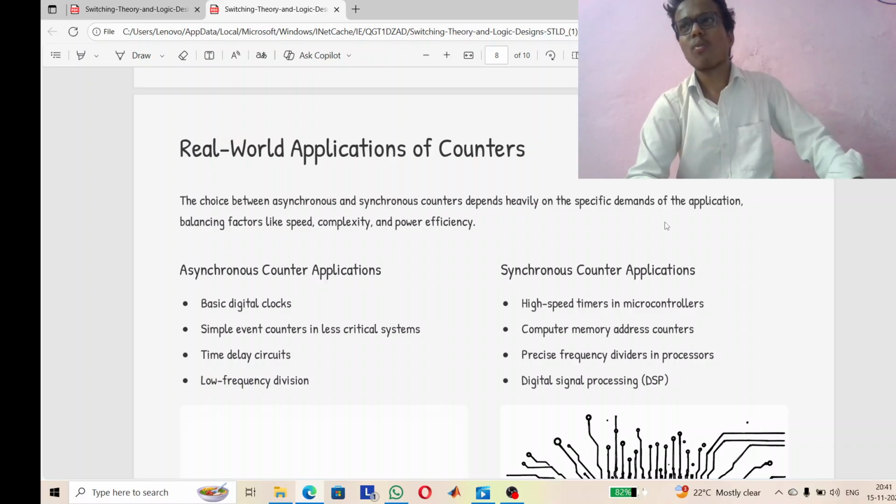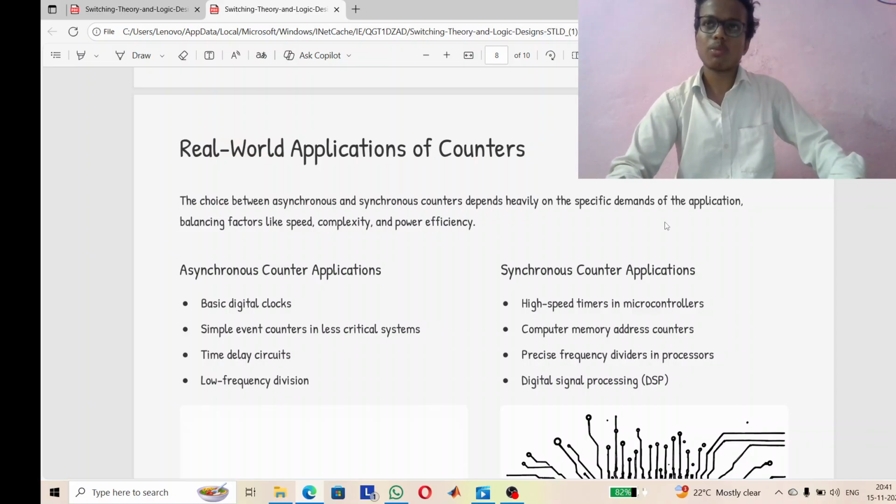We are also seeing what a counter is and how many types there are, like synchronous and asynchronous, a clear cut explanation of the synchronous counter as well as the asynchronous counter and their diagrams, how they operate, and what conditions we have to implement while operating counters.